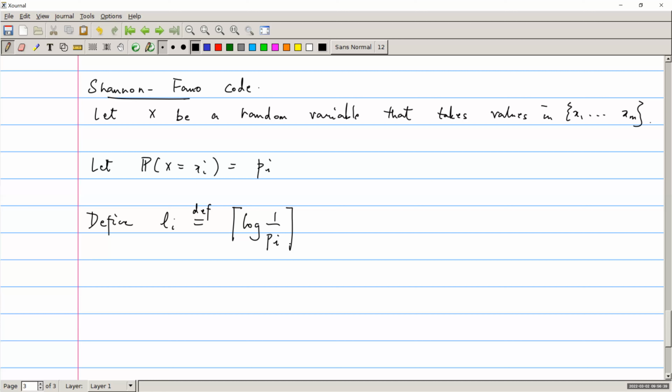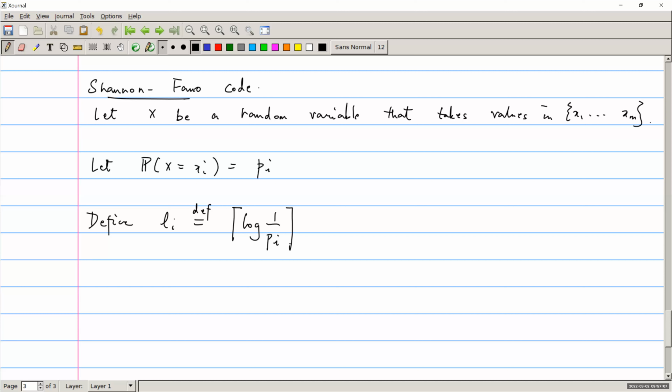Now we want to see that these code word lengths satisfy Kraft's inequality. If they satisfy Kraft's inequality, then we know that they happen to be the leaves of some binary tree. It could be a full binary tree, but it could also be redundant, we don't care.